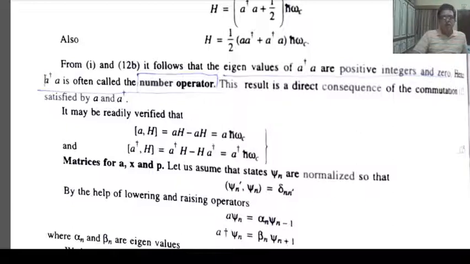Hence A dagger A is often called the number operator, because its eigenvalues are positive integers and 0. This result is a direct consequence of the commutation relation satisfied by A. It may be readily verified that [A, H] equals h bar omega c A and [A dagger, H] equals minus h bar omega c A dagger.